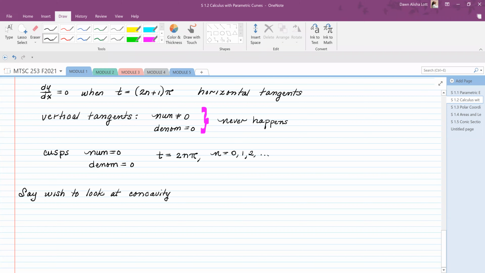So how do I do that? How do I find the second derivative? Anybody have an idea?